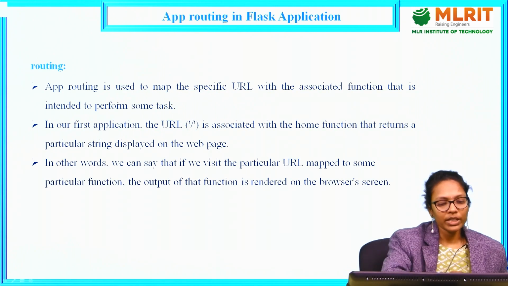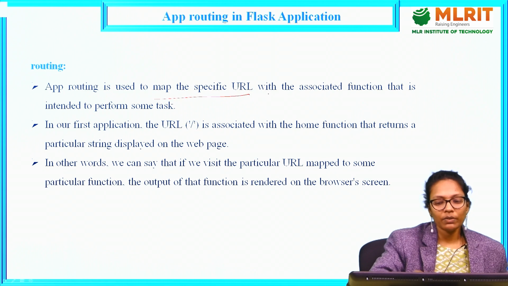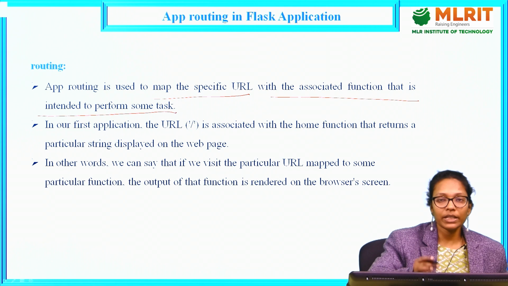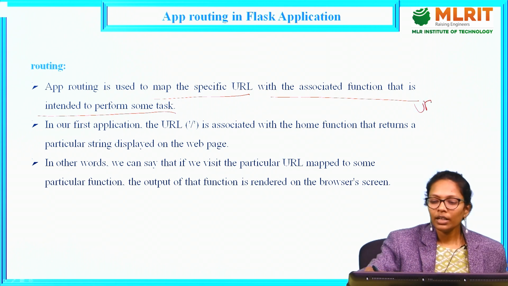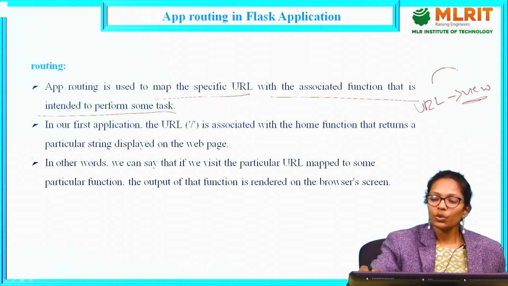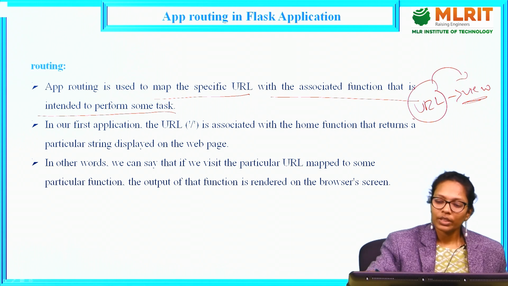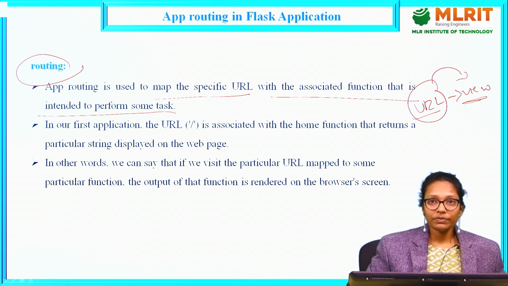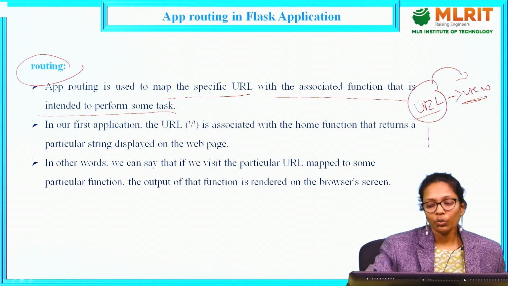App routing is used to map a specific URL to the associated function that is intended to perform a specific task. So a URL will be associated with a particular view function. The process of setting this URL is called app routing. In the previous applications, we have given the URL only as a slash.